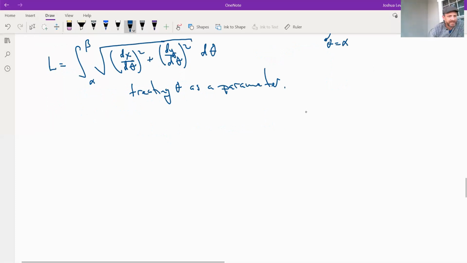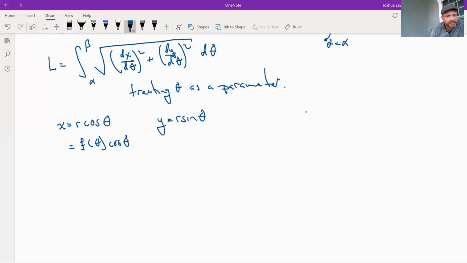But let's think about this for a second. We know how to transition here. We know that x is really r cosine theta, which I might as well call f of theta cosine theta. And I know that y is r sine theta, which I could consider f of theta sine theta. Just reminding you that r itself is a function of theta.